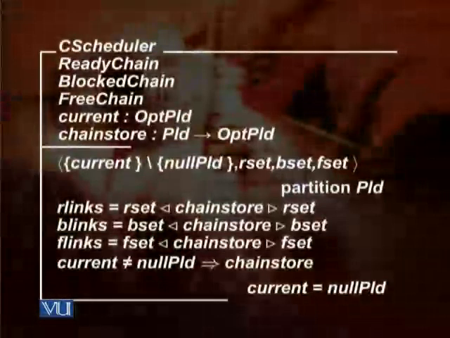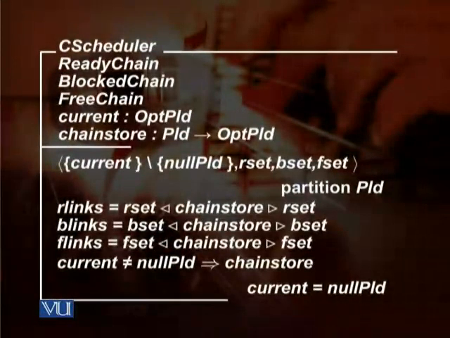So we have the CS scheduler, which now has 3 state variables, and these are the 3 chains that we created. These are ready chain, blocked chain, and free chain. And current, once again, is the same as it is optional PID.